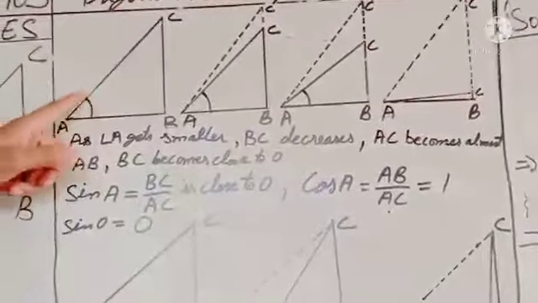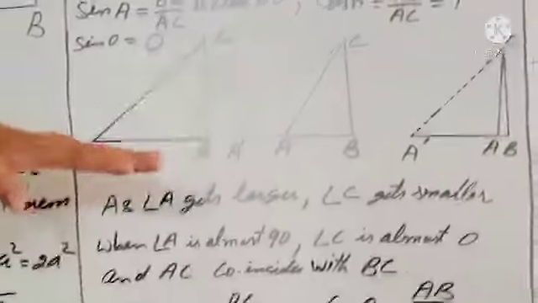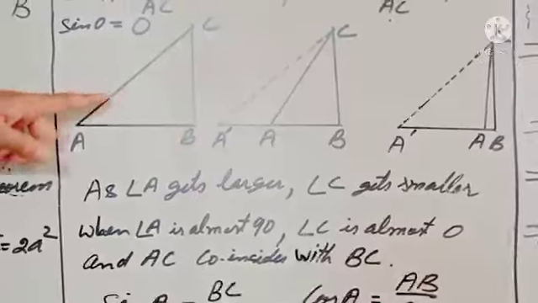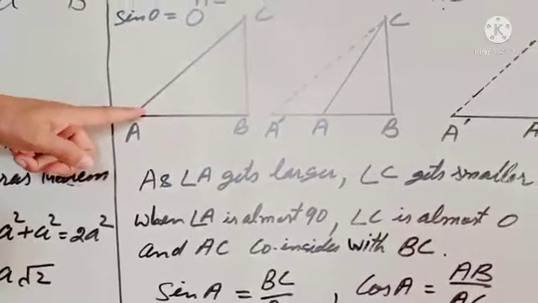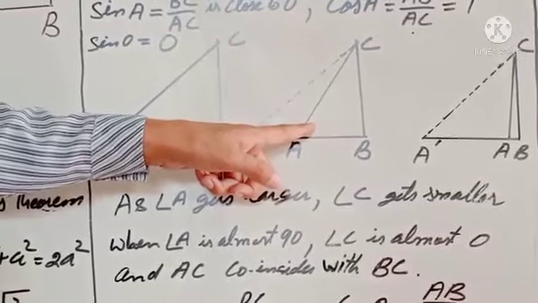Now, calculating the values of 90. Let's again consider them. Here, angle A was decreasing. Let's see what happens when it starts increasing. As angle A increases, see, here angle A is smaller. Here it becomes greater in size.